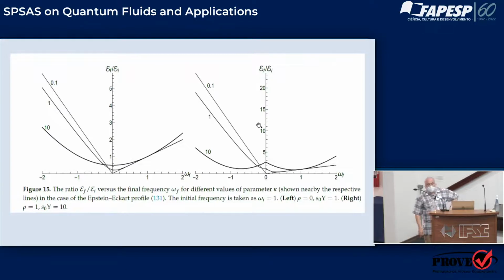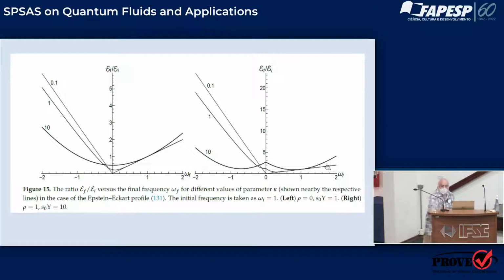And we see, in the case of adiabatic evolution, for positive final frequency, we have a straight line. What is it? This is the well-known adiabatic invariant. We know that for a harmonic oscillator, the ratio of energy to frequency in the adiabatic regime is constant. And we see this constant.